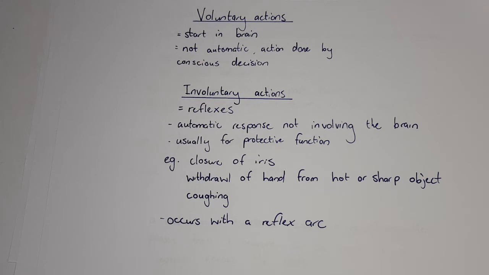So examples of some reflexes are the closure of your iris. Your iris is in your eye, okay, and it's going to get smaller or larger so that your pupil gets smaller if, for example, you go out into very bright light, and that's going to then protect all the receptors in your eye. Or if you touch something sharp or hot, you automatically move your hand away, okay?